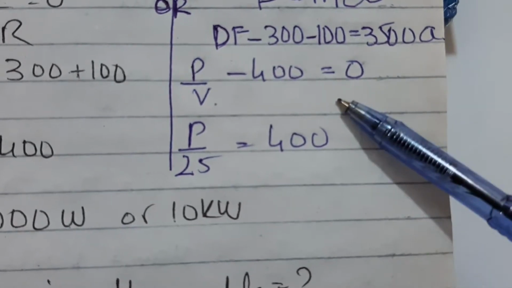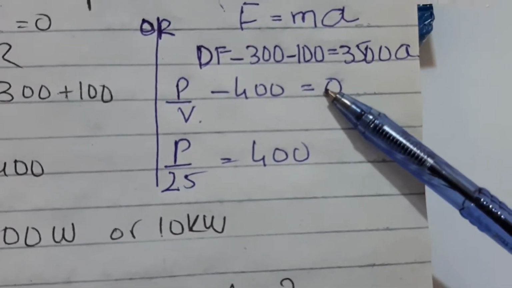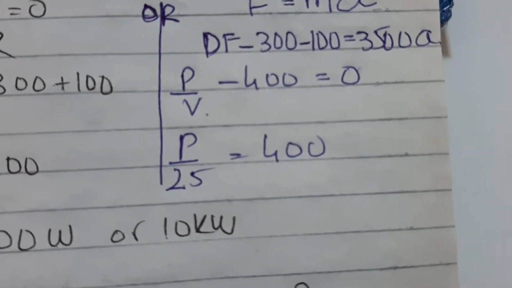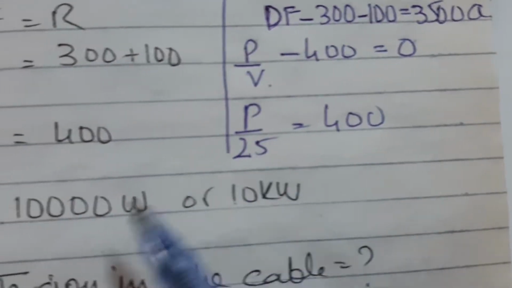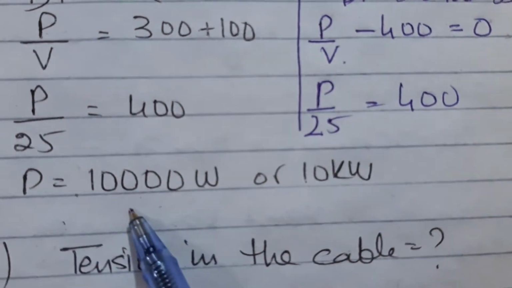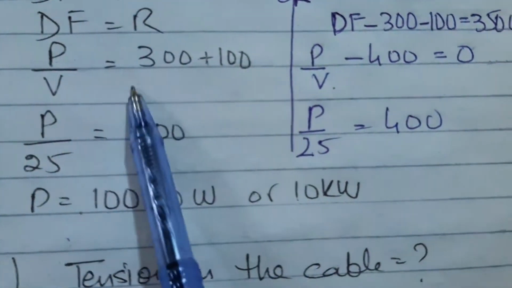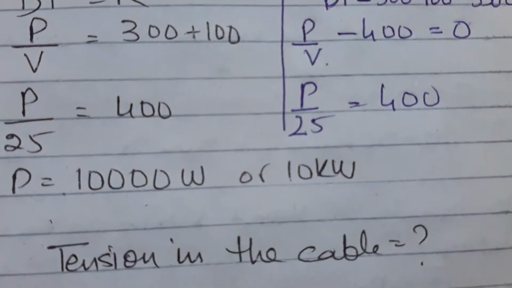Why did I write 0 here? Can you tell me why? Because it was constant speed, which means acceleration is 0. So this term will become 0. After doing this, cross multiply and you will get your power, 10,000. So this is how I have done it. Here I'm doing it stepwise, whereas I write this step better.